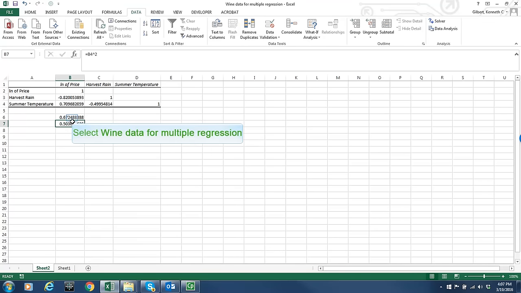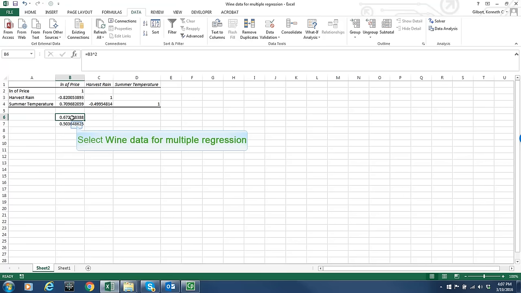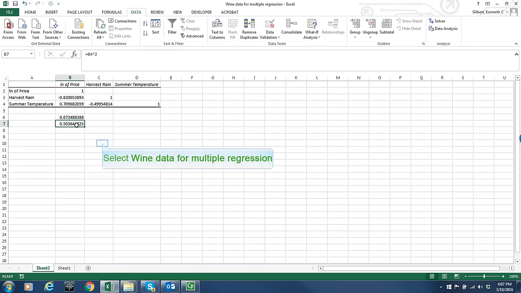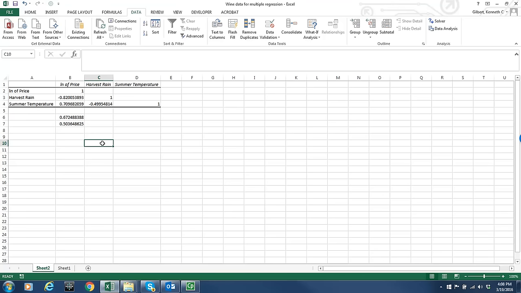So basically it says knowing harvest rain would explain about 2/3 of the variation in the natural log of price, and knowing summer temperature would explain about half of the variation in natural log of price. And you're saying, hey, wait a minute, that can't be possible, because if I add those two together, I get a number bigger than 1.